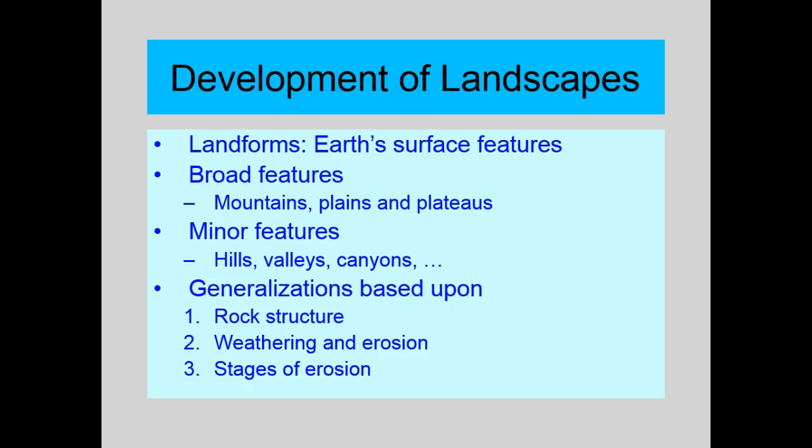Okay? In the area where we live, the landforms are folded mountains. Okay, Red Mountain, Shades Crest Mountain, Double Oak Mountain. Those are all pretty much folded mountains. And lots of hills. Okay?